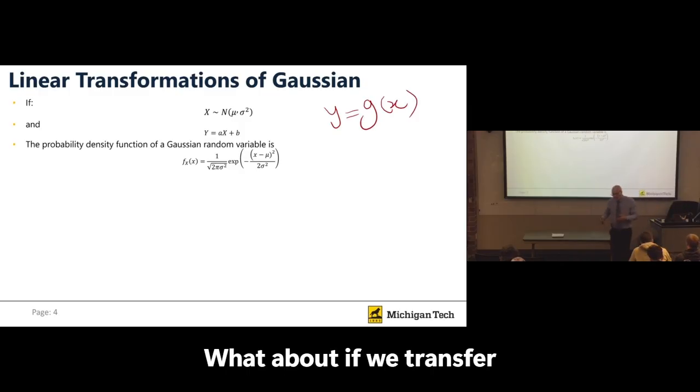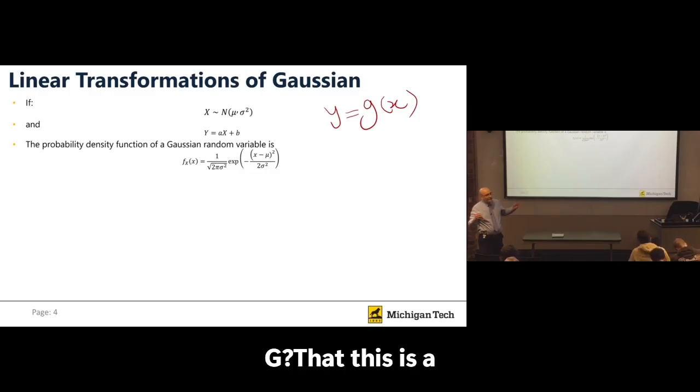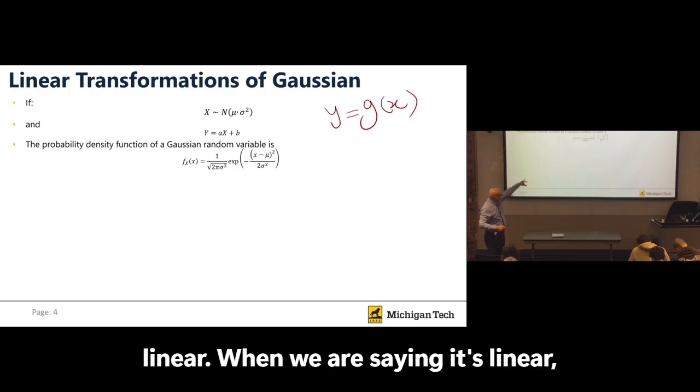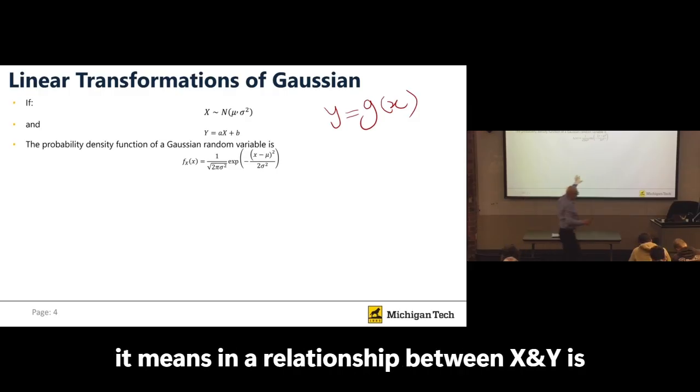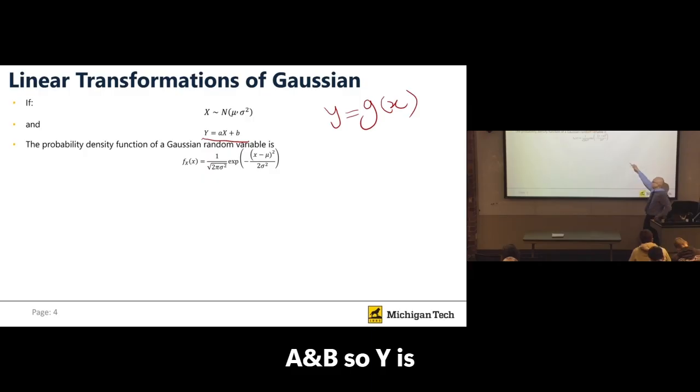What if we transform variable x by a function g, where g is linear? When we say linear, it means the relationship between x and y is linear. Like we have some a and b, so y equals ax plus b.